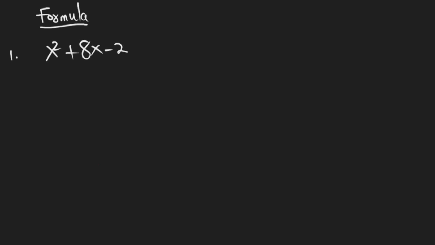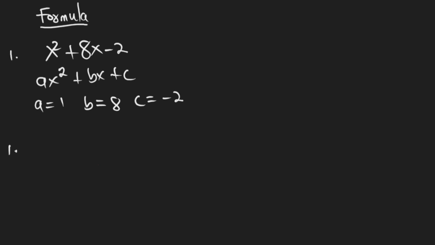Comparing this to the general quadratic expression, ax squared plus bx plus c, here our a is equal to 1, b is equal to 8, c is equal to minus 2. So the first step that we need to do is to divide the b by 2. So let's represent that with a letter, let's say p. So p is equal to b over 2. In this case, it becomes 8 over 2, which is equal to 4.